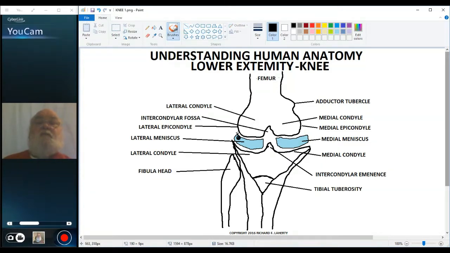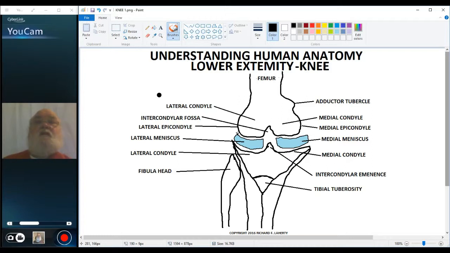So where we have the fibula here, we have the lateral side of the joint. And on the medial side, the main landmark is the adductor tubercle. That tells us that's the medial side of the joint. So this side is the medial side. Always look for these kinds of landmarks to help you distinguish medial from lateral.